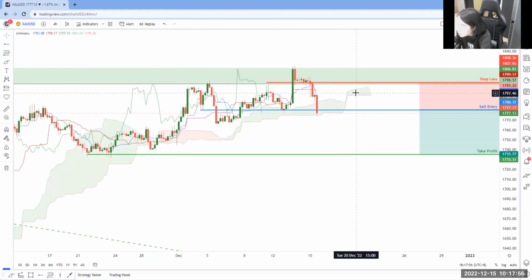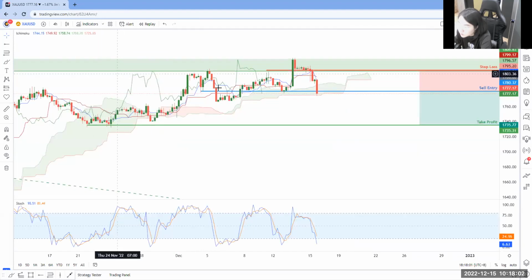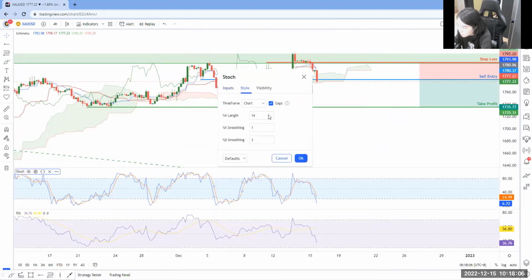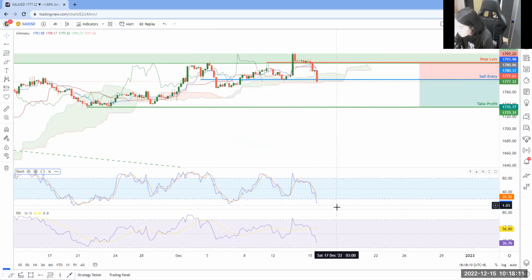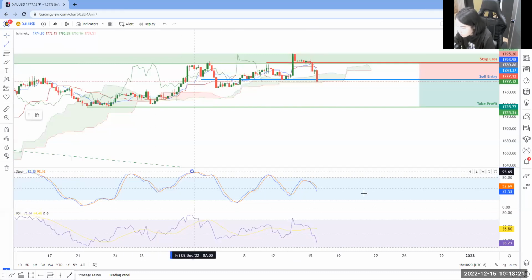Okay, I'm going to back this up with other indicators. Just give me a sec, guys. Okay, gold isn't saying a lot on stochastics.